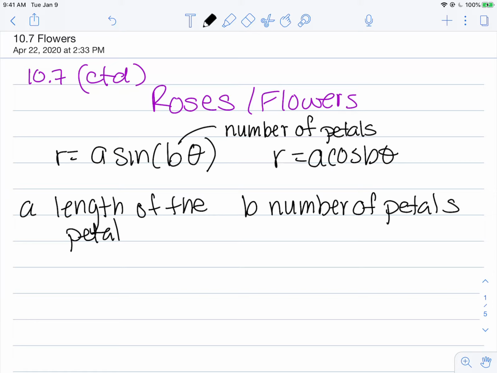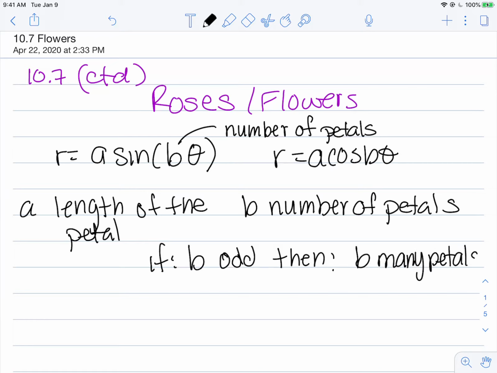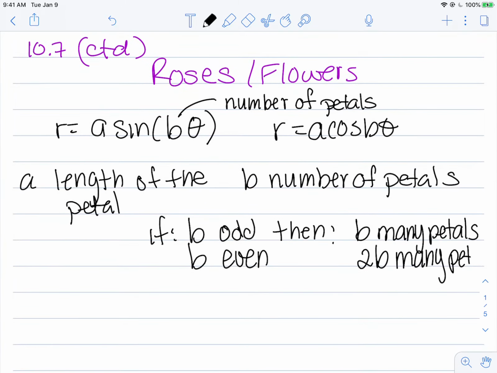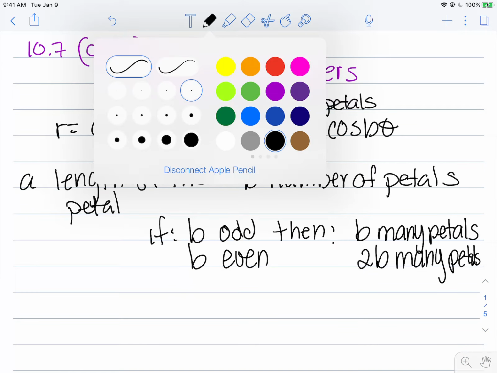For both sine and cosine, if B is odd, then you will have B many petals. But if B is even, then you will have twice as many petals. Okay. Your symmetries are still true.